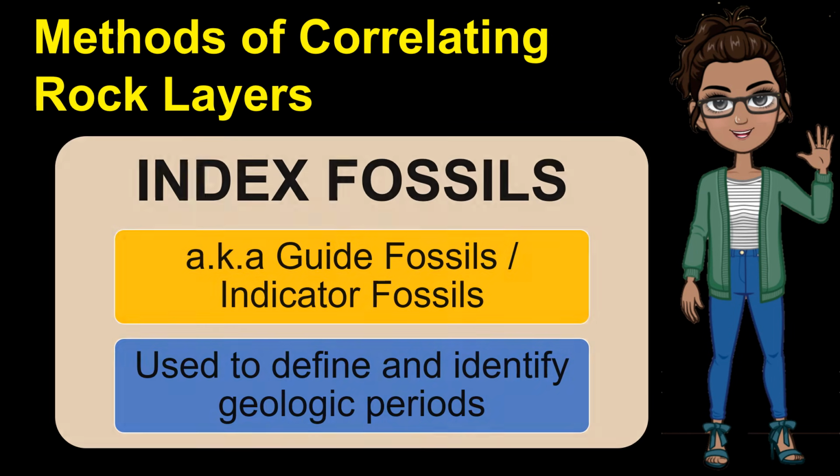Number 2 is index fossil, also known as guide fossils or indicator fossils. They are fossils used to define and identify geologic periods or faunal stages.